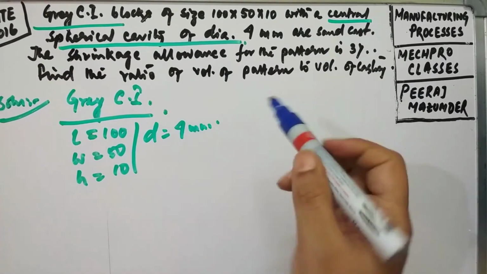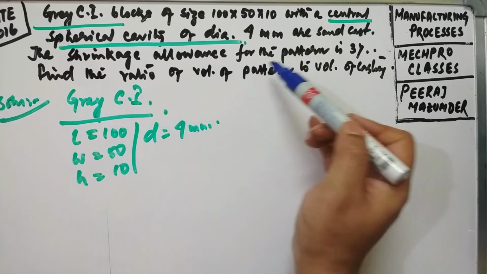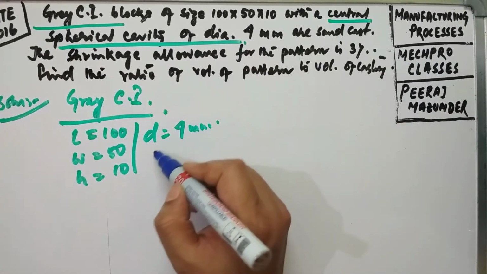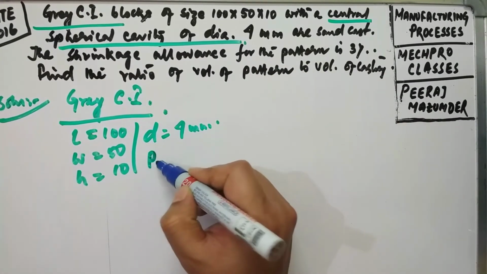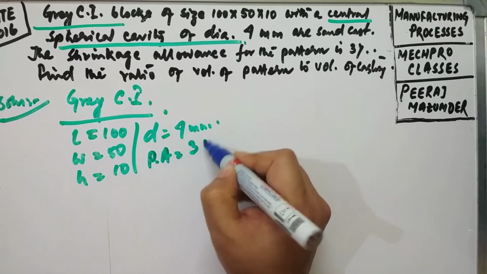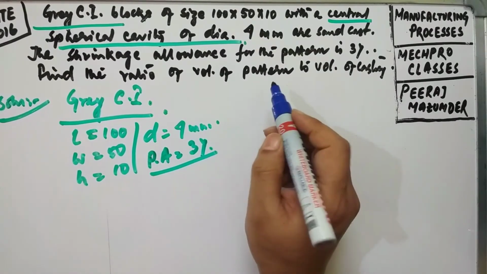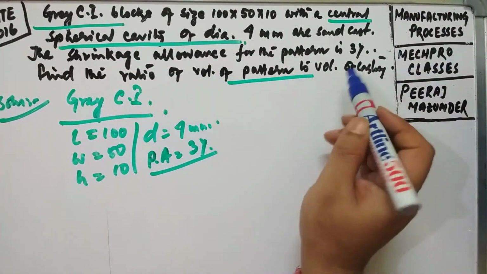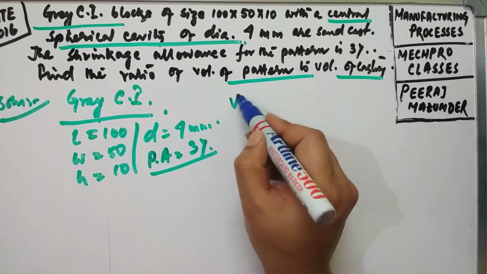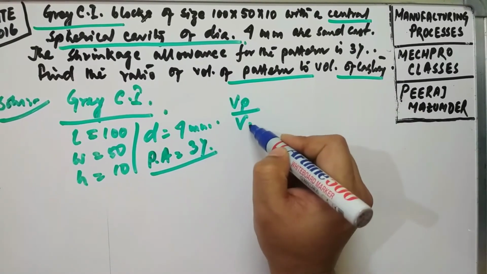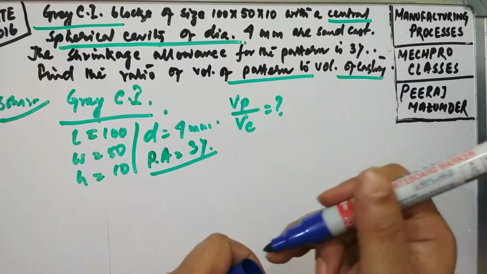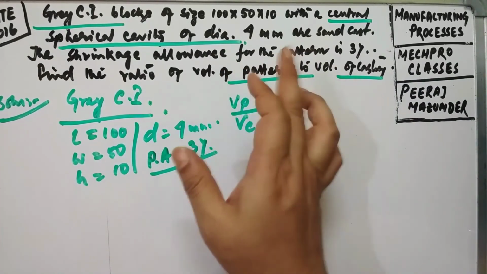It is to be sand cast, and the shrinkage allowance for the pattern is 3%. Find the ratio of the volume of the pattern to the volume of the casting. So we have to find volume of the pattern by volume of the casting. Now look, it is a hollow casting.